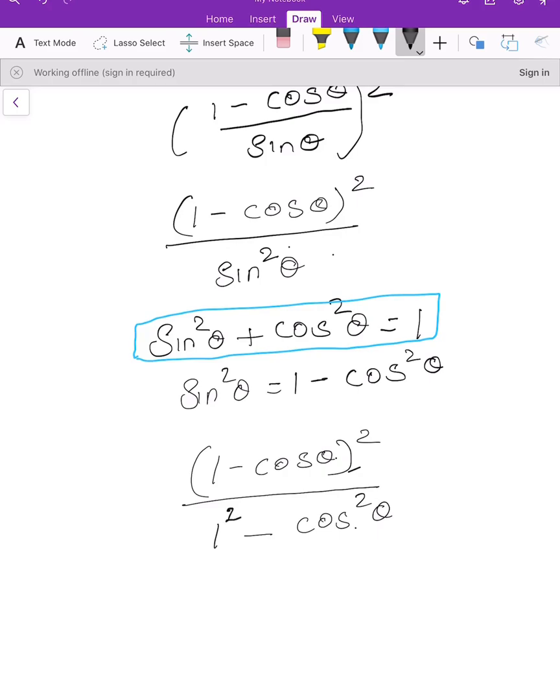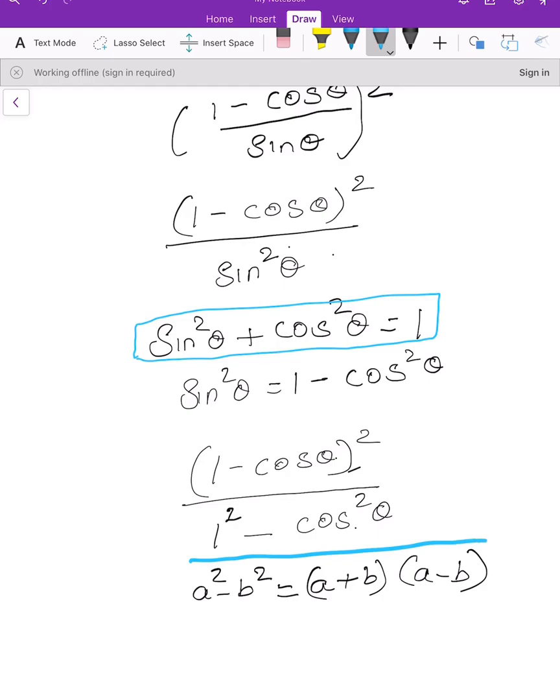Now I'll use the algebraic identity: a square minus b square is (a plus b)(a minus b). So I'm using this. My a is 1 and b is cos theta.